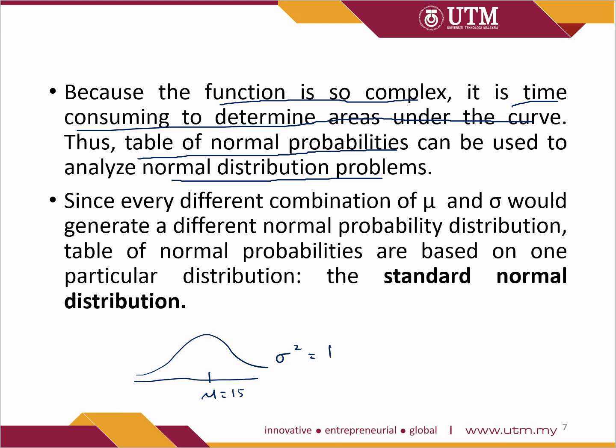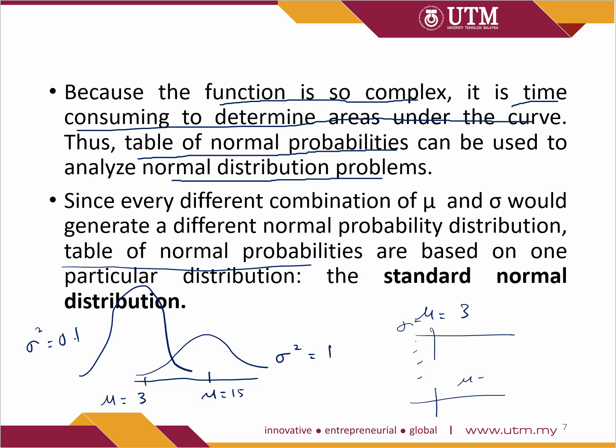And in another problem, let's say the mean is equal to 3 and the variance is equal to 0.1, for example. It will be difficult because the table would be different. We would have to know, when mu is equal to 3, what the table would be given the variance. And for mean equal to 3.1, the table would be different.